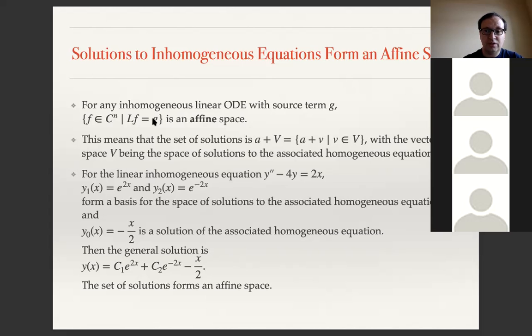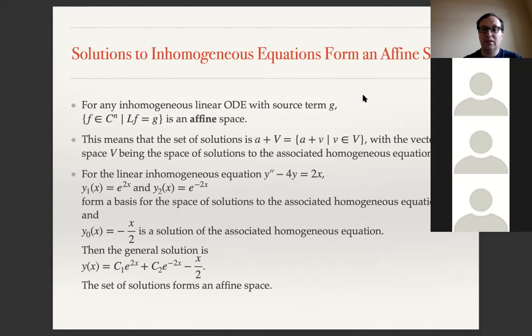For inhomogeneous equations, in general, actually always, the solutions form an affine space. So as I mentioned, you take this vector space, whatever it is, a plane, a line, a point, and you shift it within the wider vector space so that it no longer passes through the origin.